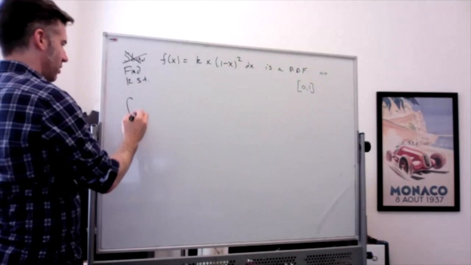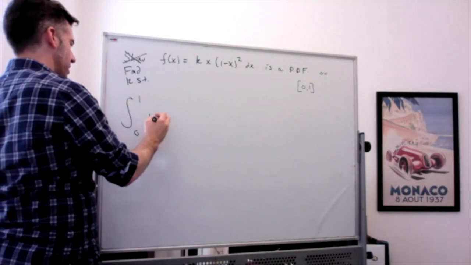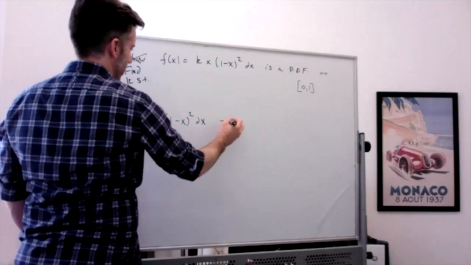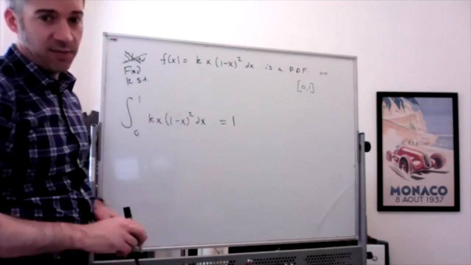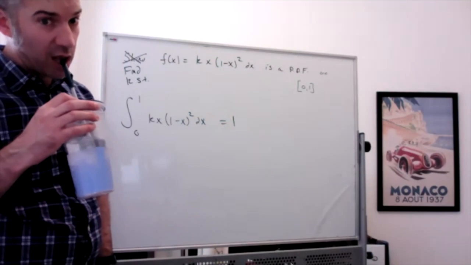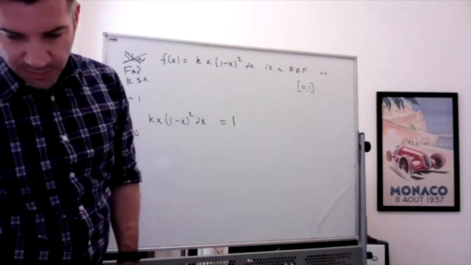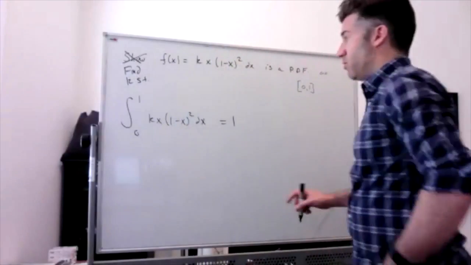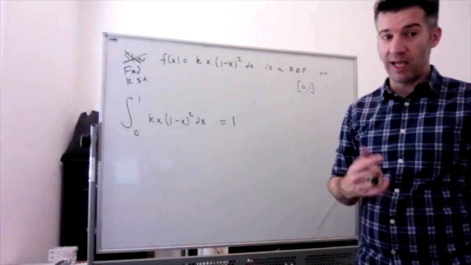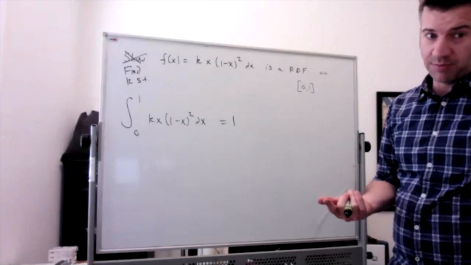So the integral from 0 to 1 of k times x times (1 minus x) squared dx has to equal 1. And just like the previous problem, this is another situation where we have to do a u sub with a back sub. That's not entirely true. You could totally do this problem without doing any substitution. You can just multiply that out.